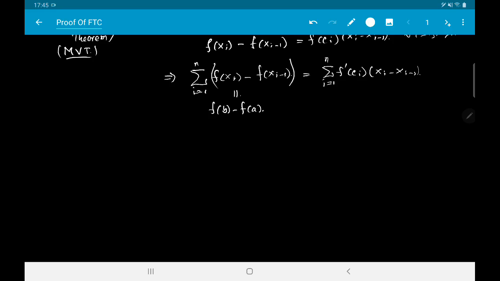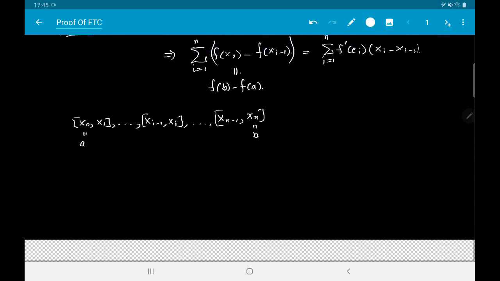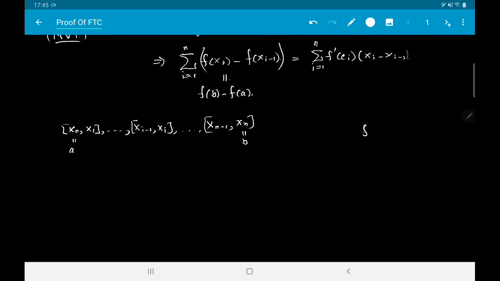Okay, so now we have this partition, we have these subintervals [xi−1, xi] till [xn−1, xn], where as always x0 is equal to a and xn equal to b. So let us look at what is f prime(ci).